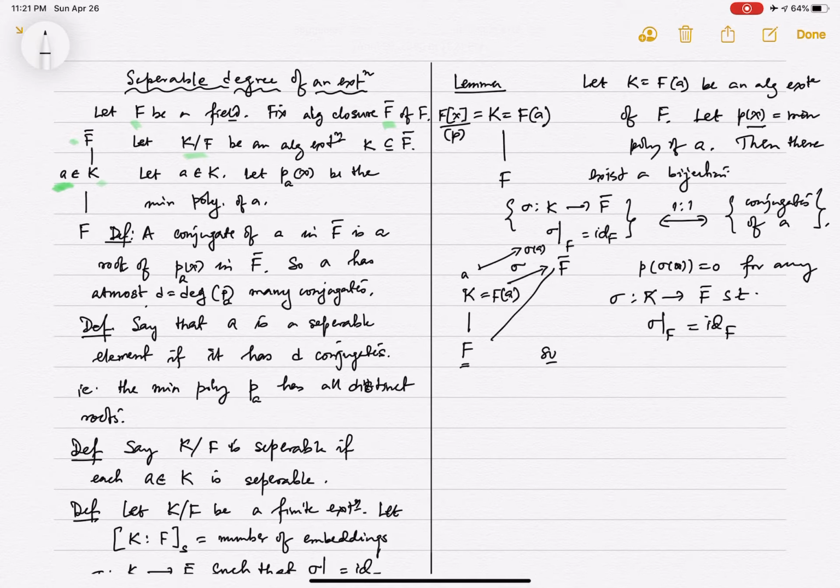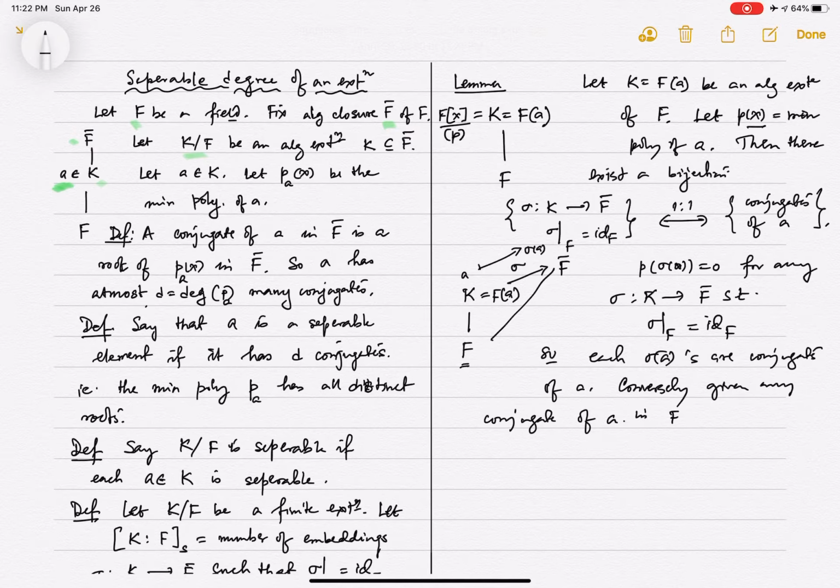So each of these sigma of A's are conjugates. And conversely, if you give me a conjugate of A, then I can send A to that conjugate and get an embedding. Conversely, given any conjugate of A in F bar, let's say A prime, there exists a unique embedding sigma from K to F bar such that sigma restricted to F is identity and sigma sends A to this A prime.